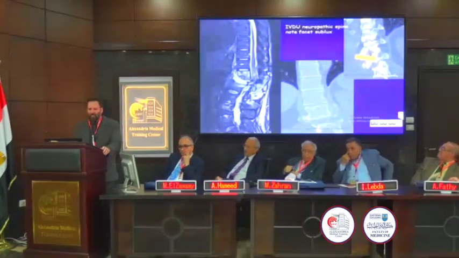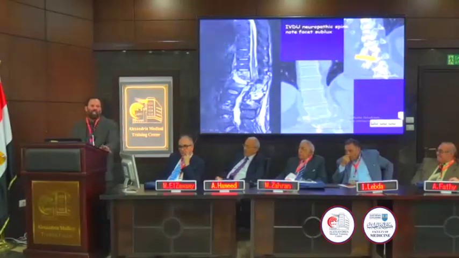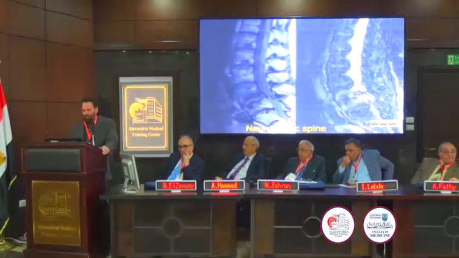And again, you see how irregular the end plates are? They're beyond erosions. Do you see how the facet joints are involved? So irregularity in the end plates and facet joint involvement distinguish neuropathic spine from infection. Another neuropathic spine can look very much like infections like that.